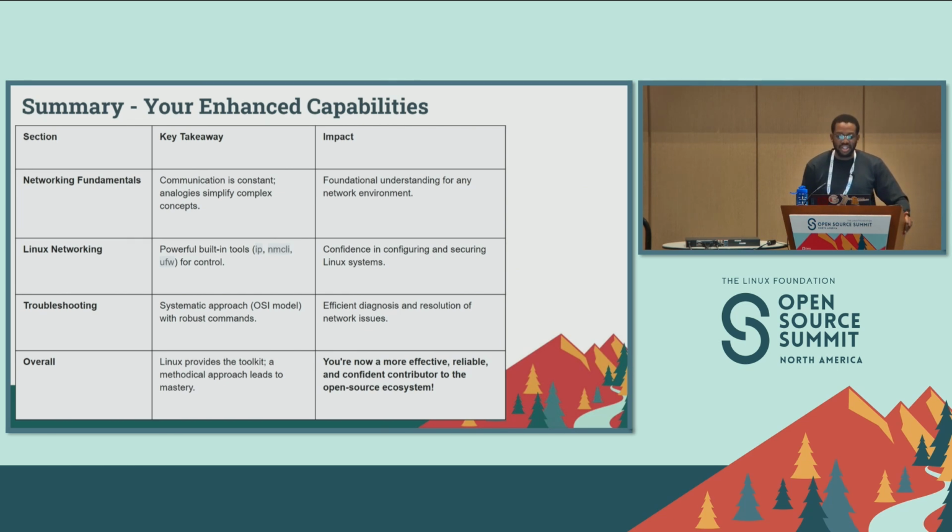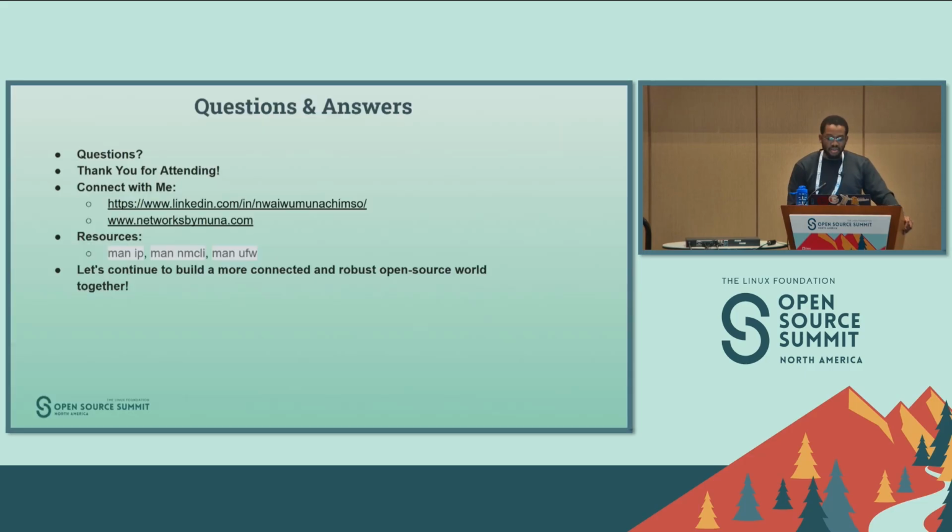So that is very good to understand. Then we also went through some useful commands on the Linux side, on both how to configure and troubleshoot. My goal for this conference is just to give people a little more insight into networking and, hopefully, get them to go into it a bit more.